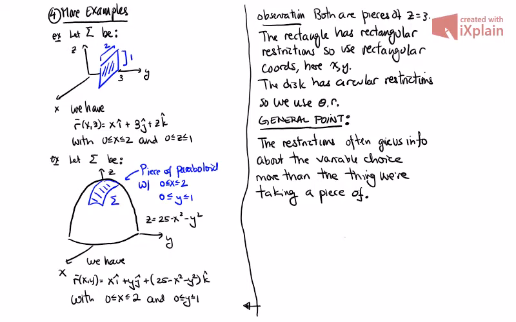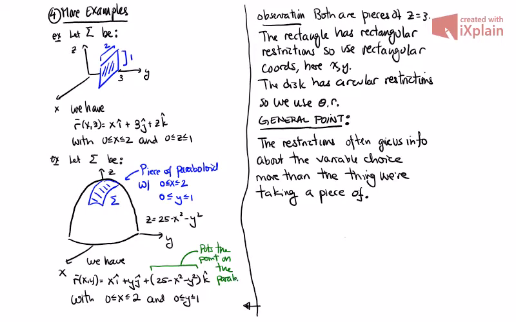The x's and y's draw a rectangle, and then the z value puts the point on the paraboloid.